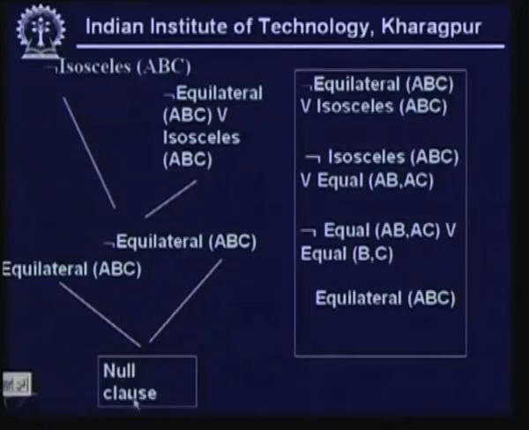And from there, by resolving, I have come to a situation where I have got a null clause, and the null clause essentially means that here is a contradiction. So, the premise with which I started is false. And what was my premise? My premise was negation of the goal to be proved, and that is disproved. That means the goal is proved. This is the method of resolution.